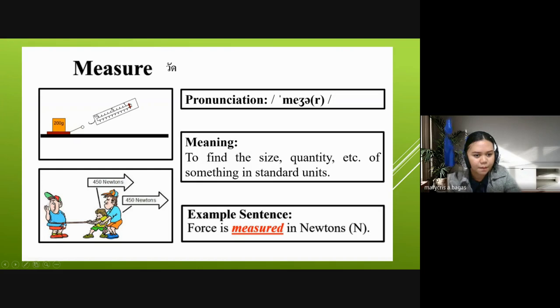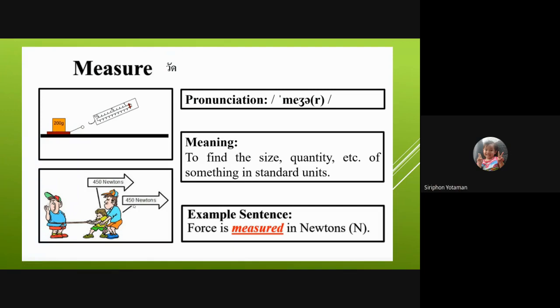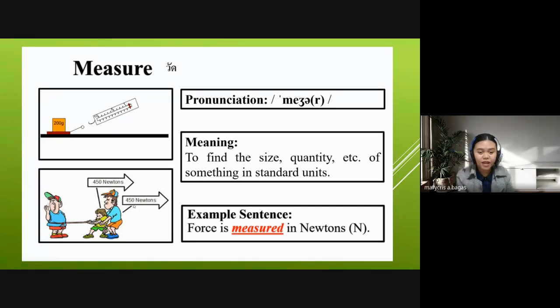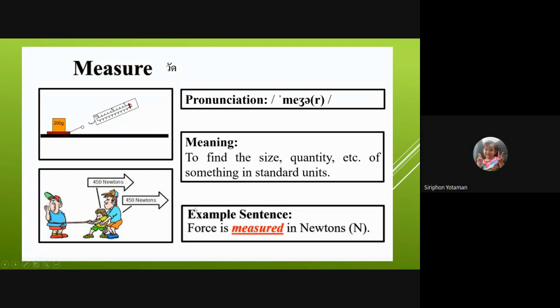This person is pulled by two people. The yellow shirt pulled 450 newtons, and the sky blue shirt also pulled 450 newtons. When you add 450 plus 450, it is 900. Meaning they exert 900 newtons of force.